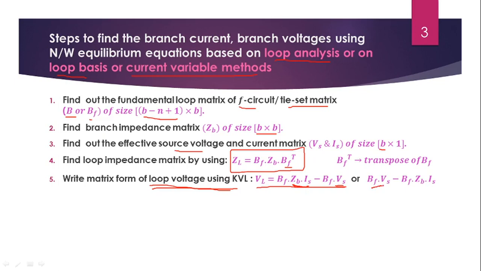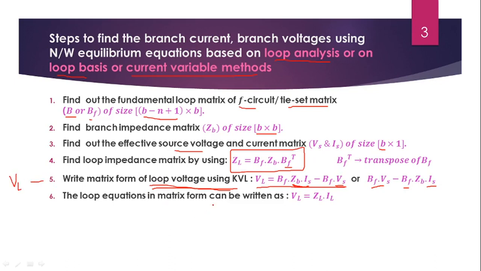Also we can write it as BF into Vs, the voltage source matrix, minus BF ZB into Is, that is tie set matrix into branch impedance matrix into current matrix. We can also say these are the equilibrium equations. So from equation number 5 we can find the VL value or VL matrix.